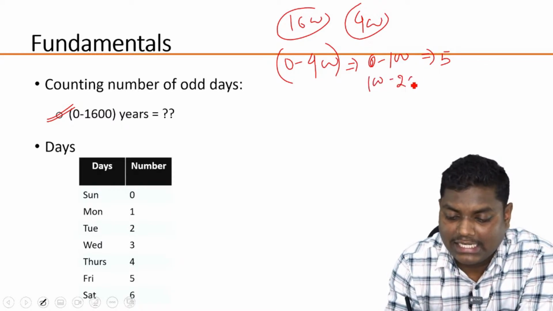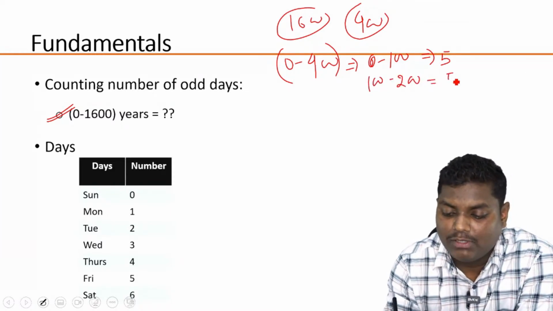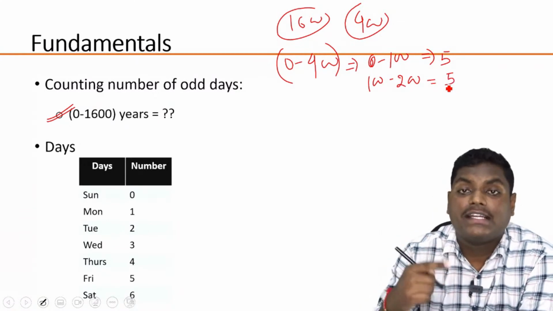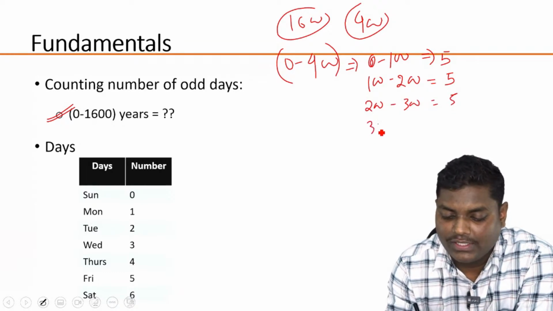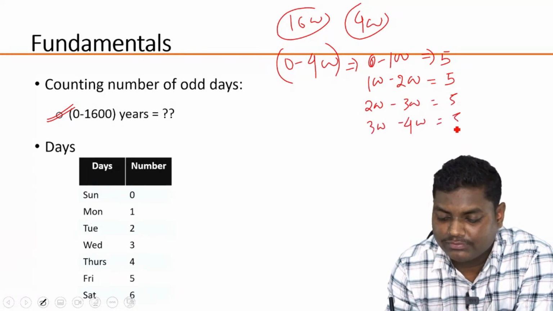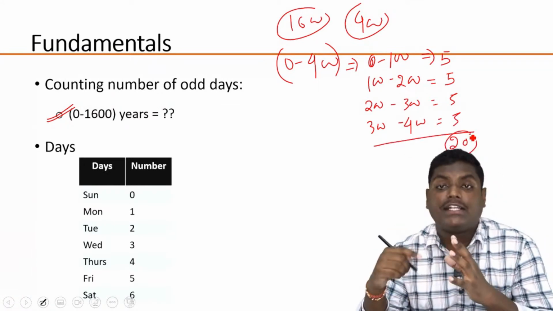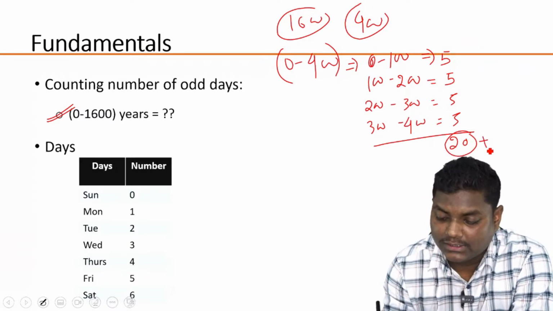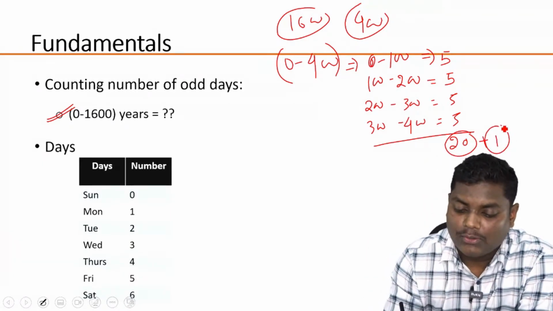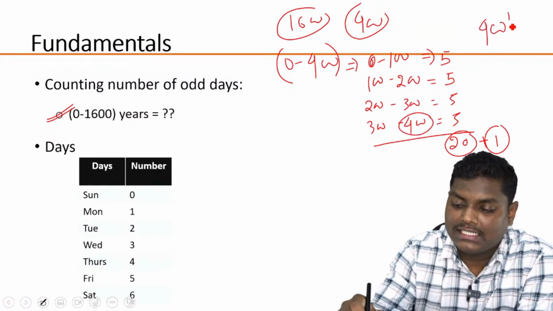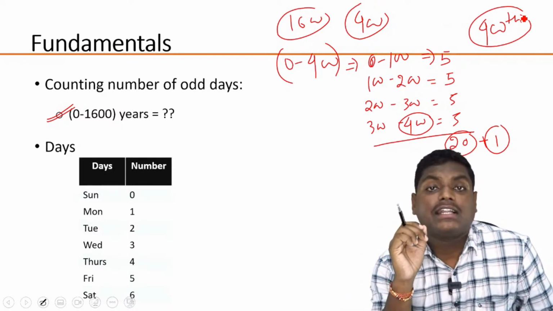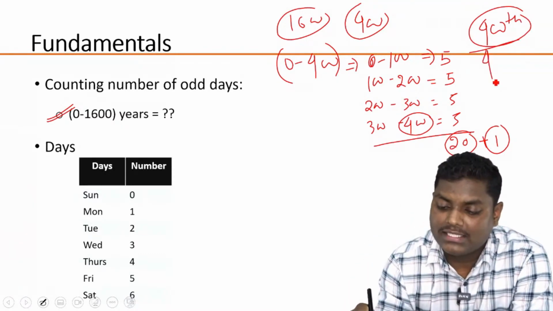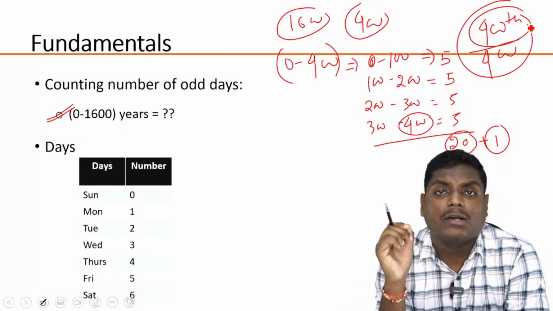Similarly, for the next 100 years, 100 to 200, it will be 5 again, since per 100 years it is 5. So 200 to 300 will be 5, and 300 to 400 will be 5. Basically, we get 20 odd days plus 1. Why plus 1? You can see this 400th year is a leap year. Why? Because it is completely divisible by 400.